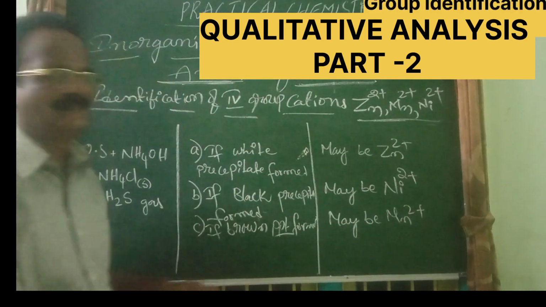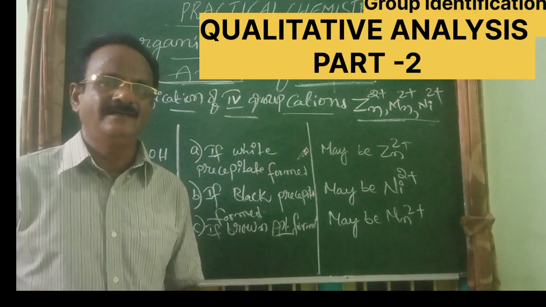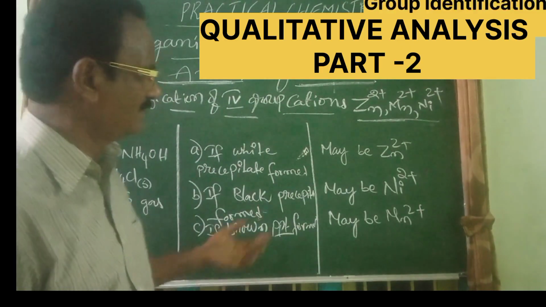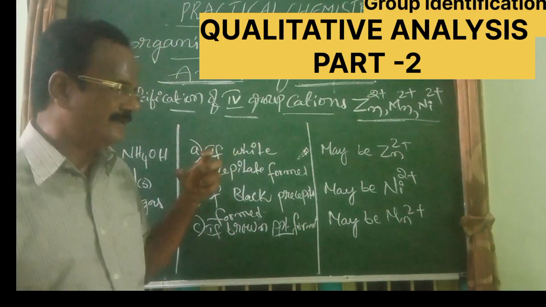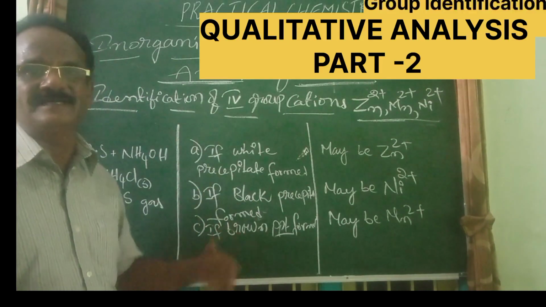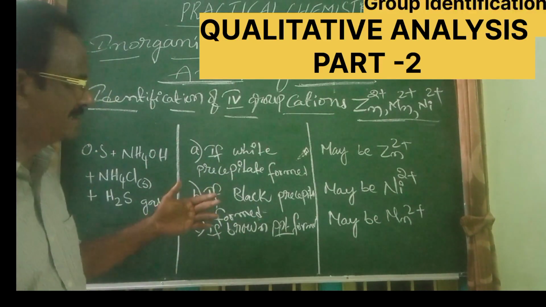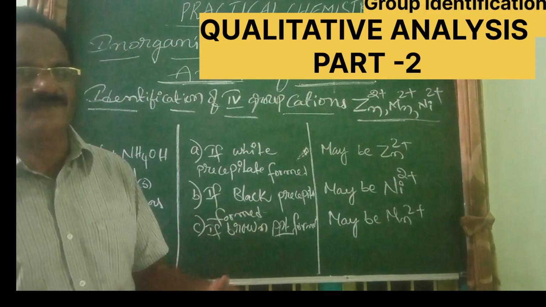If you do this test perfectly, you need not confirm the presence of zinc, nickel and manganese, because in crystal clear manner you can get precipitates. If white precipitate is there, zinc sulfide. If black precipitate is there, nickel sulfide.